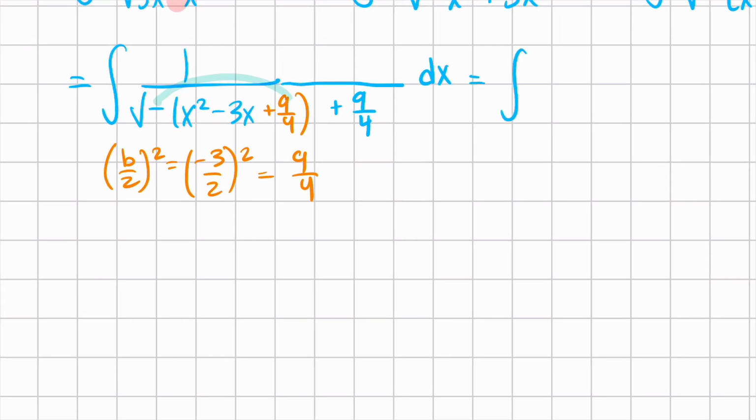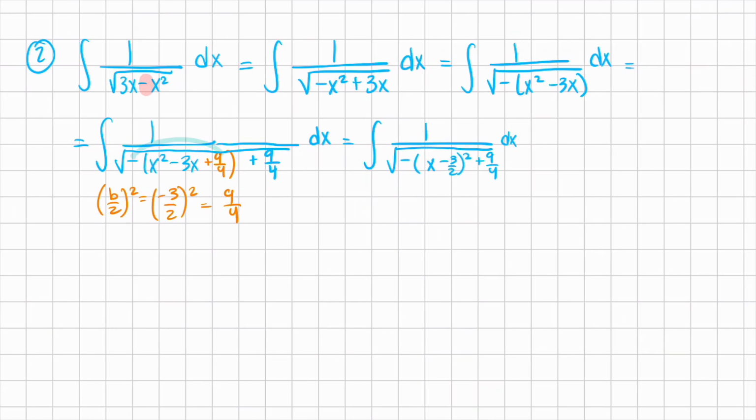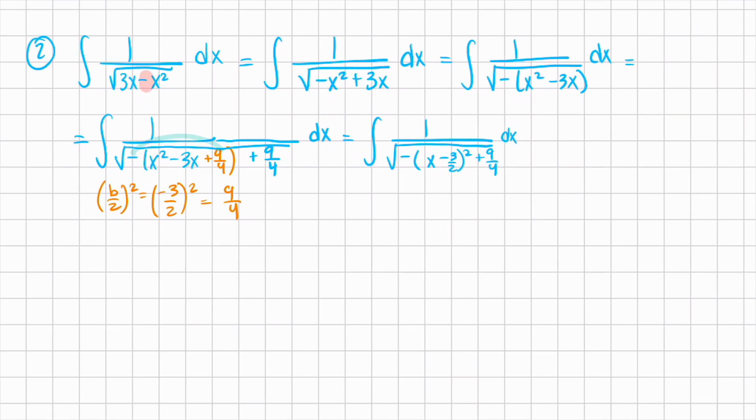Next up, we're going to factor our perfect square trinomial. And I should have completed this. So I have -(x minus 3/2) squared plus 9/4 dx. And for this one, I'm just going to tell you the identity that we're using is for arcsine.